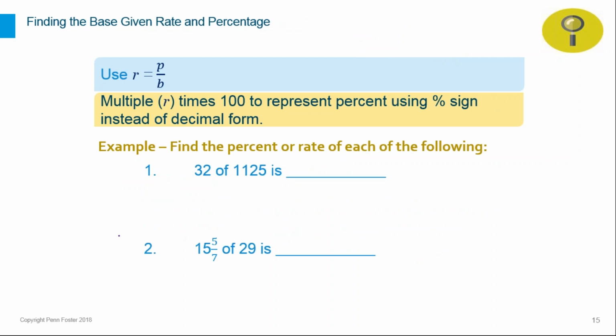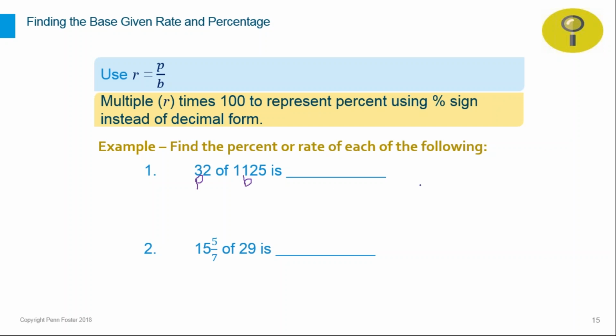Find the percent or rate of each of the following. Be careful that when you in your head mention the word percent, you may assign the P to the rate. Always in the formula, R is the percent. The percentage is the P. So be careful of that little mistake that may mess up the calculation. So find the percent, and it's asking you 32 of 1,125 is what? So the 32 is the part of a whole. The part is the percentage, and the whole is the B, the base.